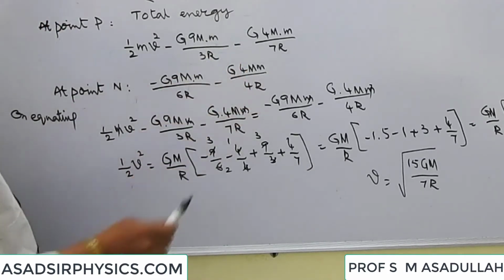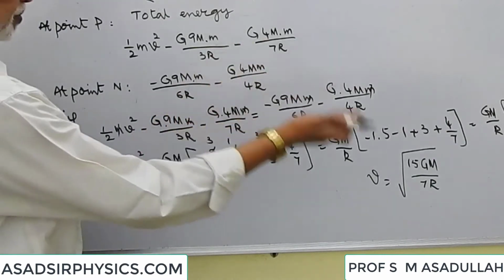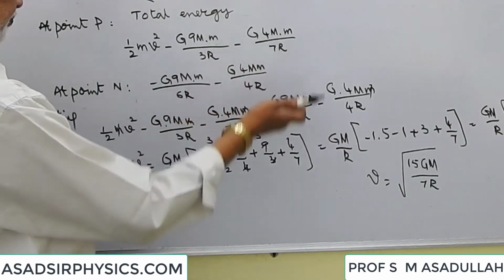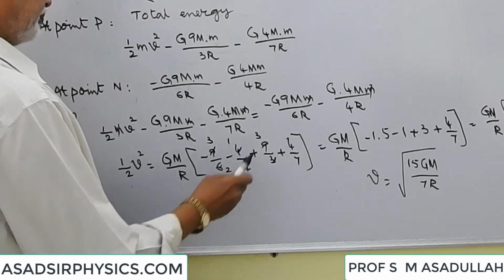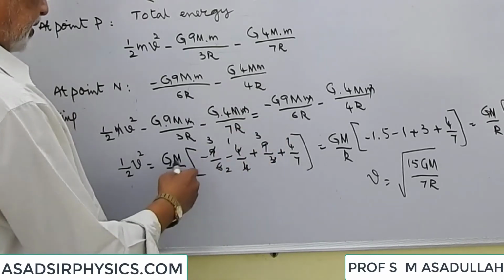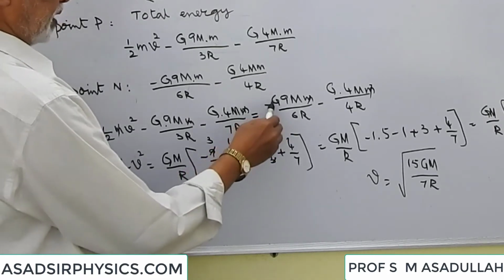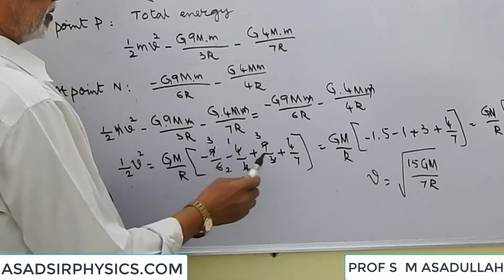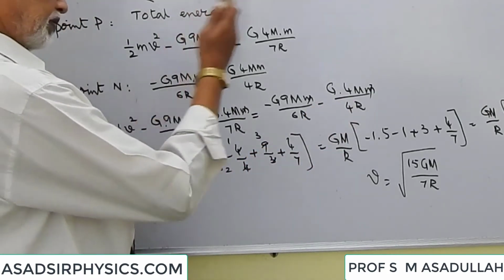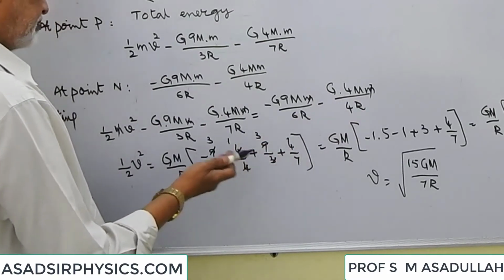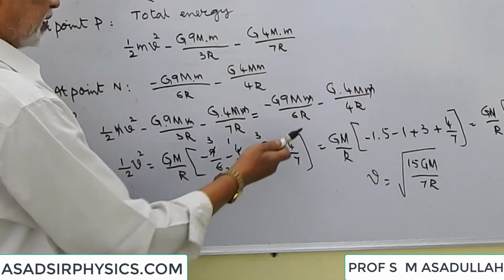We can cancel m throughout, then half v square is equal to, sending these two terms to this side, and we can take GM by r also common. So the first term is minus 9 by 6, second term is minus 4 by 4. This will go to that side, it will become the third term, that is 9 by 3. This will become the fourth term, that is 4 by 7.